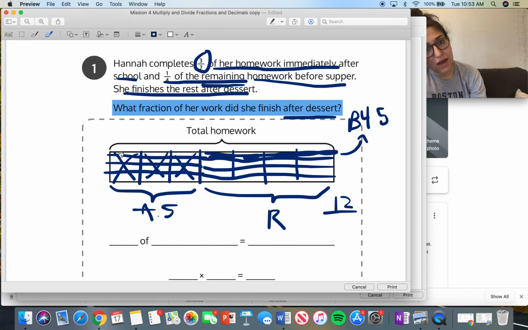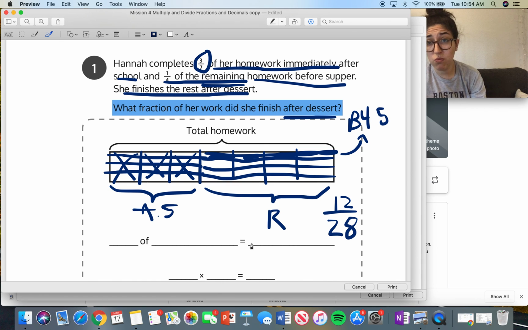And now I can count what will be my denominator, the total homework. 1, 2, 3, 4, 5, 6, 7, 8, 9, 10, 11, 12, 13, 14, 15, 16, 17, 18, 19, 20, 21, 22, 23, 24, 25, 26, 27, 28. So 12 28ths was done after dessert.